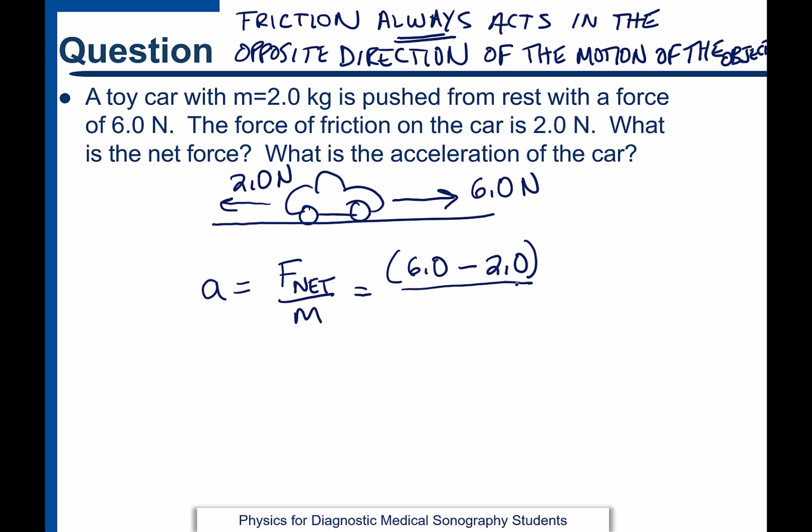And then we're still going to divide by 2 kilograms. So 6 minus 2 is 4, and 4 divided by 2 is 2. So we get 2 meters per second squared. And again, we could now figure out how fast the object is going after a certain number of seconds, if we were asked, by using our kinematic equations.